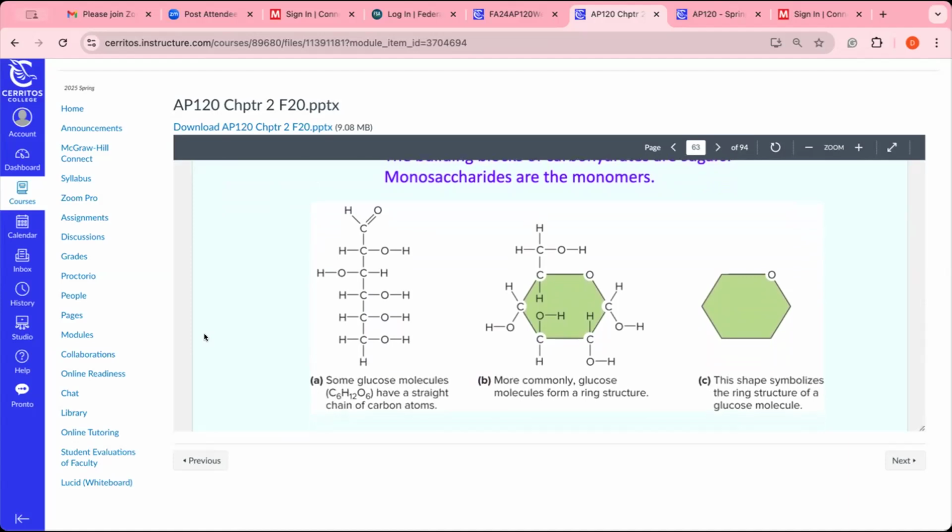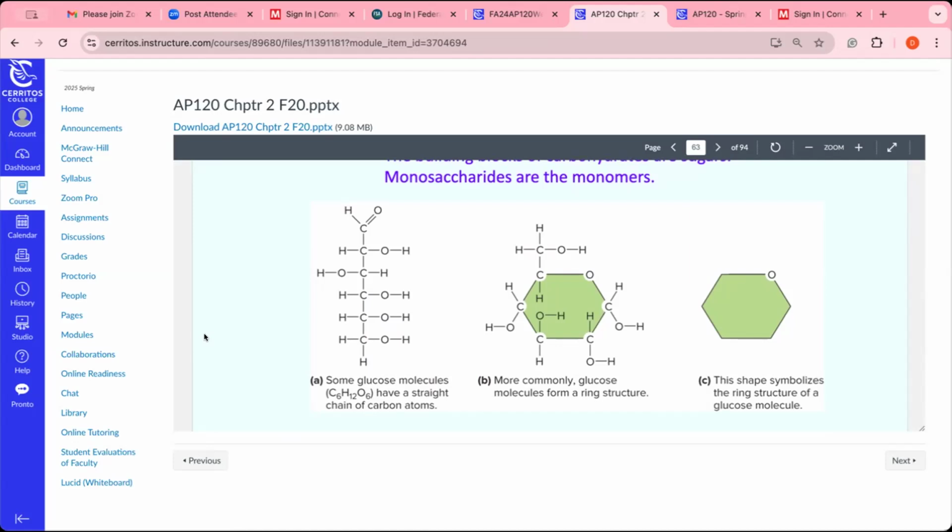Some glucose molecules, like this one, have a straight chain of carbon atoms. There it is right in the middle. Here's your hydrogen and oxygen with your carbons attached: 1, 2, 3, 4, 5, 6. Six carbons attached to it. More commonly, glucose molecules form a ring structure.